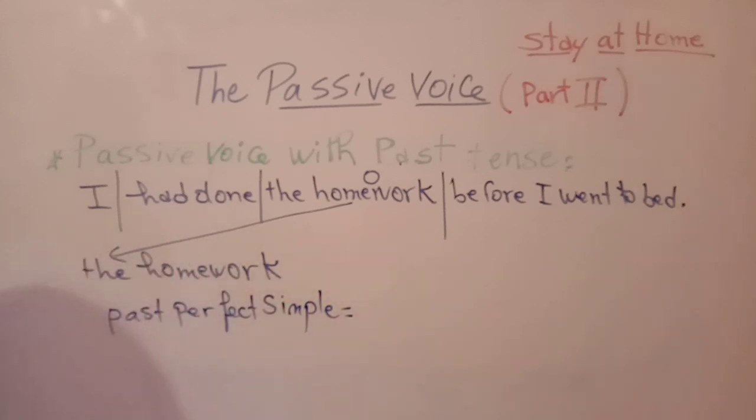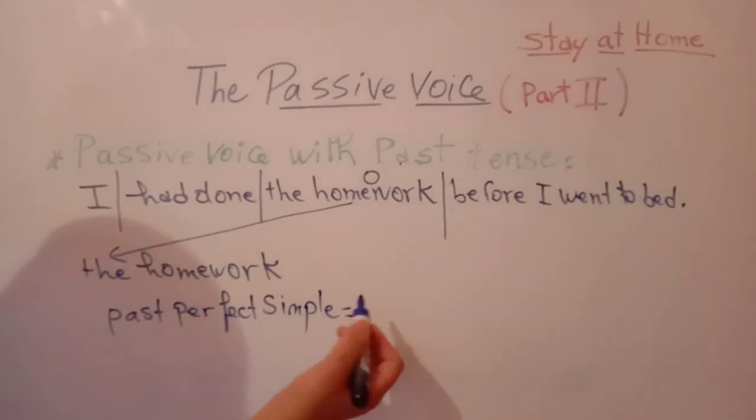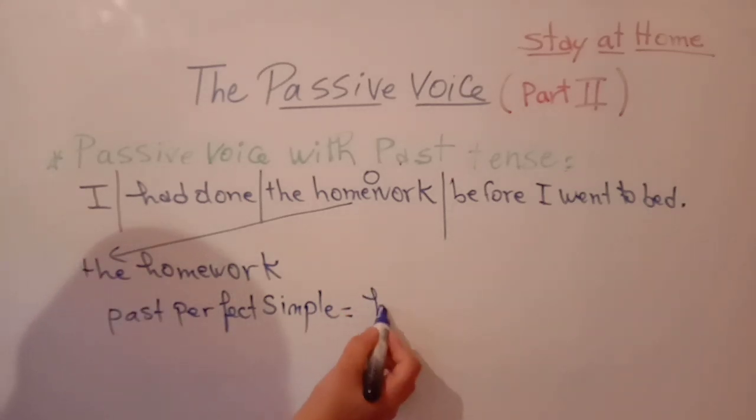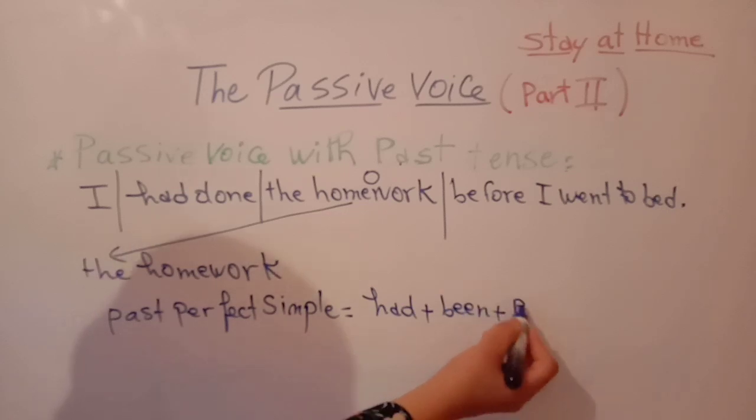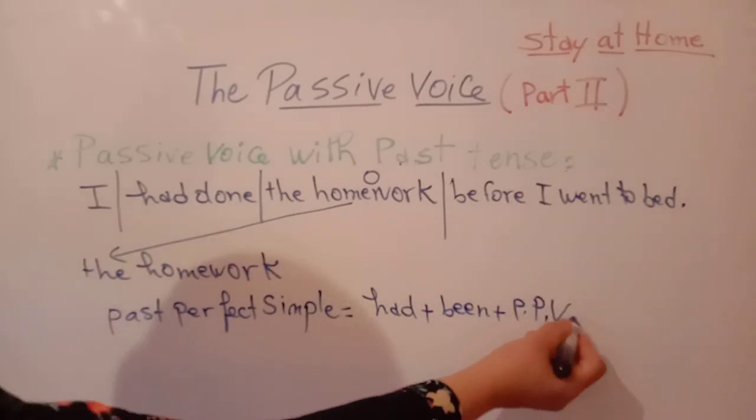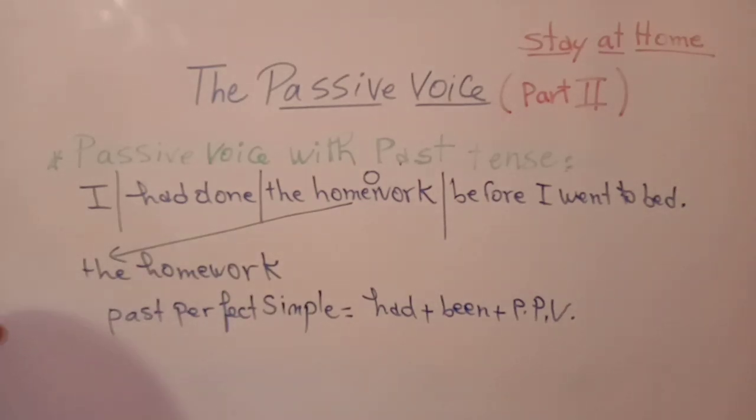So when the tense is past perfect simple in the active, it becomes in the passive had plus been plus past participle of the verb. So let's apply the form.